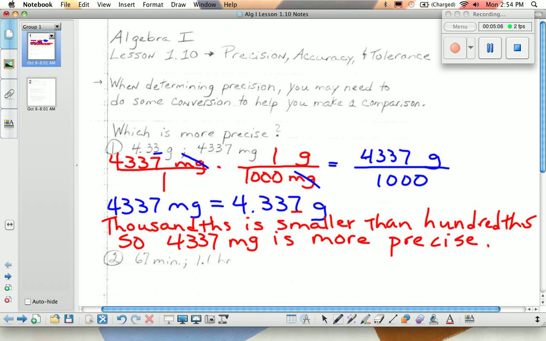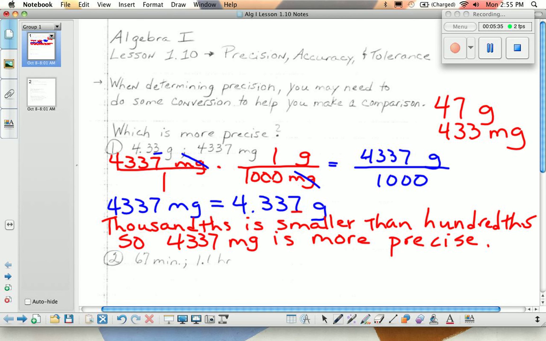Now, the thing we want to keep in mind is that we don't always have to do conversions. What if it had been written, to start with, 47 grams, let's say, and the other one had been 433 milligrams? Which one's more precisely measured? 433 milligrams? Why?